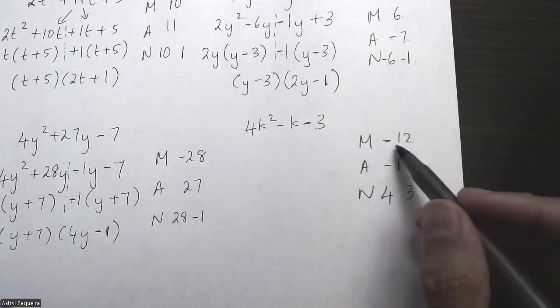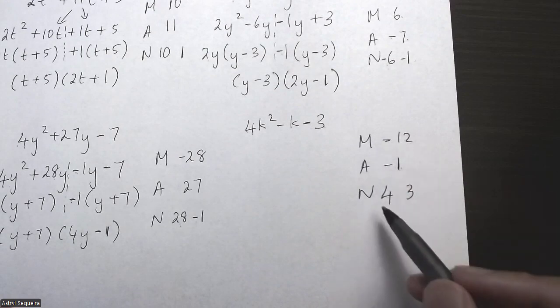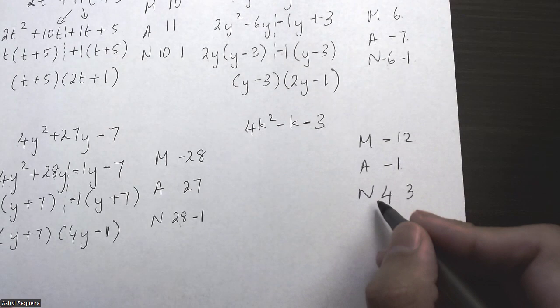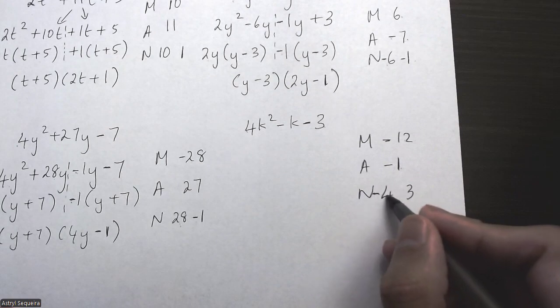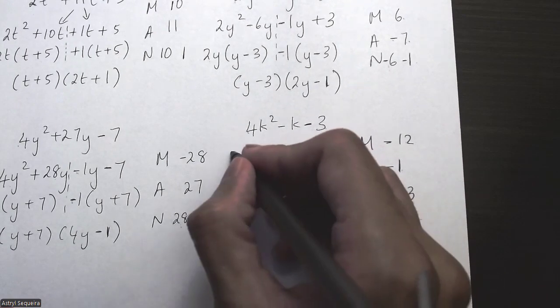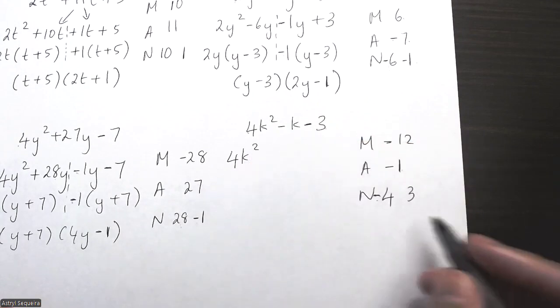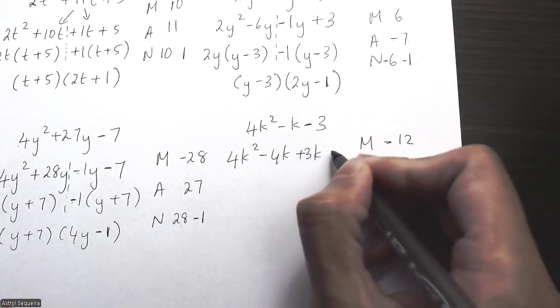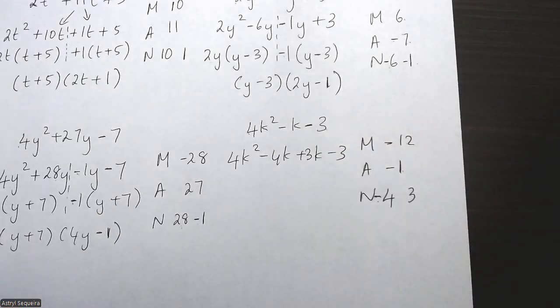Now I have to decide the signs. Because my multiplication is negative, one of these has to be negative. To get an addition of -1, it will be -4 and +3, because -4 plus 3 is -1. Let's factor it by grouping again. Excuse me.